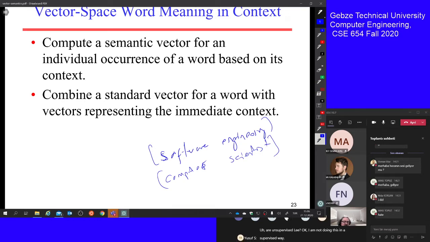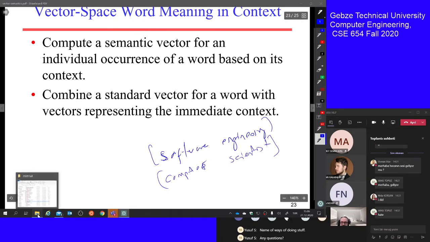Good. Any questions about these classical approaches? Now I am going to look at newer ways of doing stuff. Any questions? I guess there are no questions.